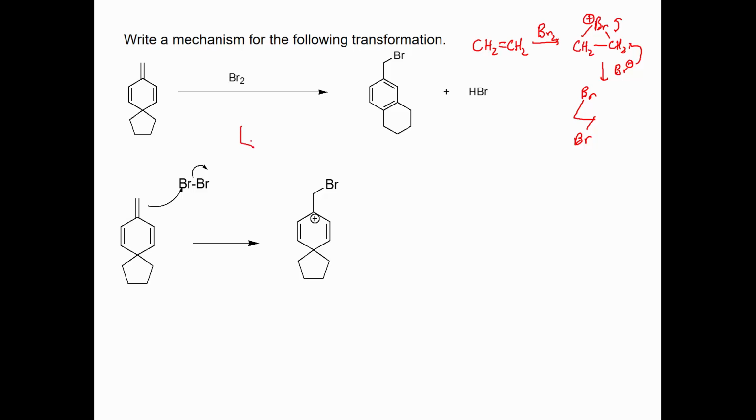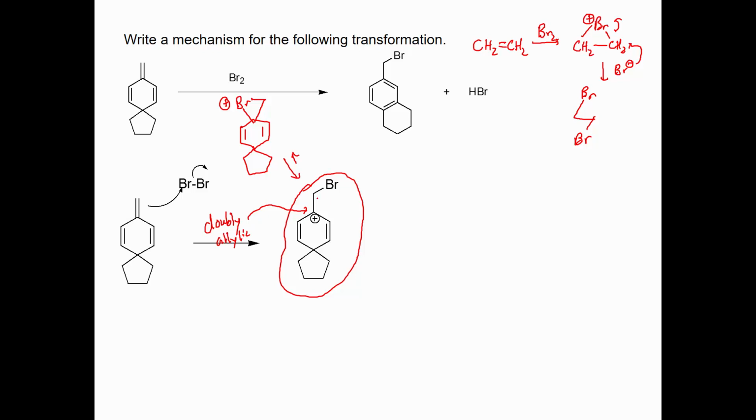Very likely, we would get the bromonium ion as well. But I'm going to say that we're going to see this probably as our major cationic species, simply because this carbocation here is so well stabilized, it's doubly allylic.